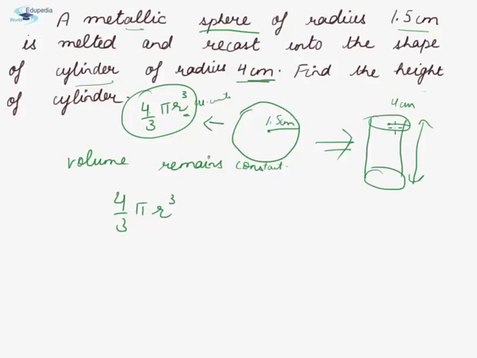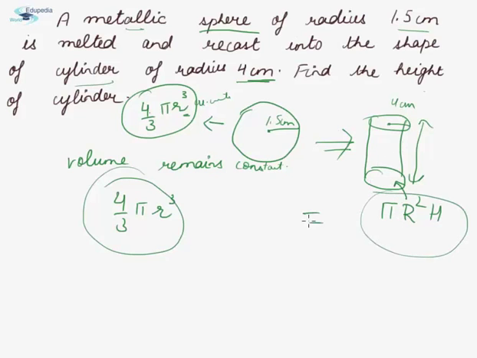volume of a cylinder is given by pi r square h, where r is the radius and h is its height. So we know that volume remains constant during the conversion process, so this volume will be equal to this volume of the cylinder.